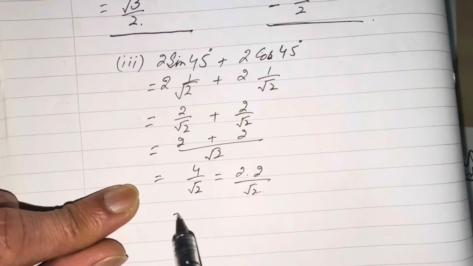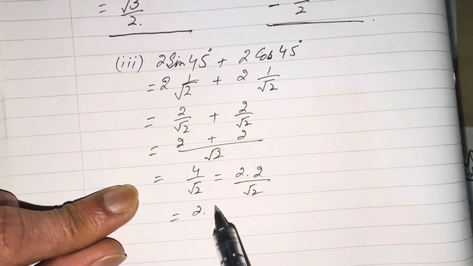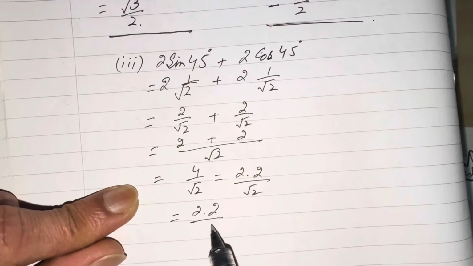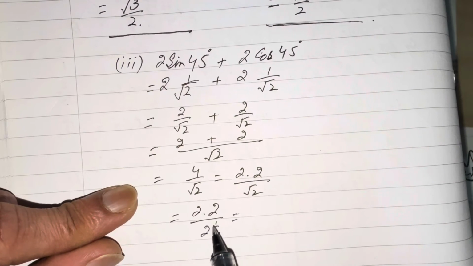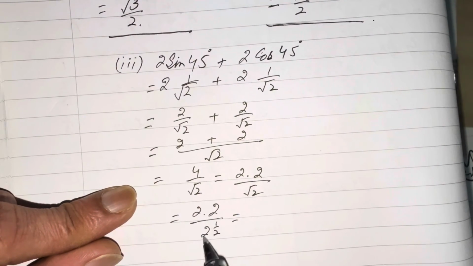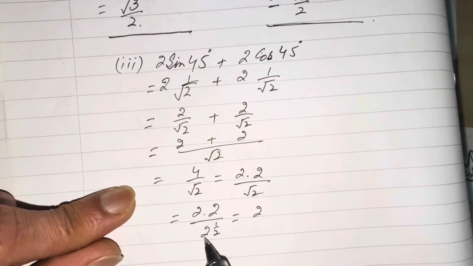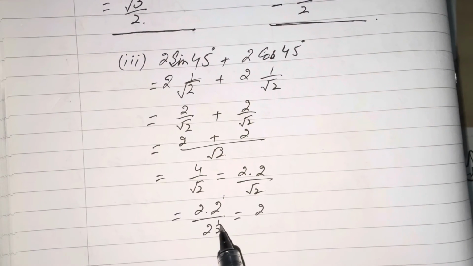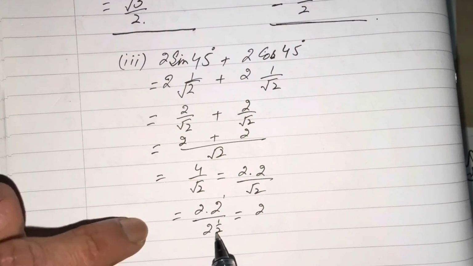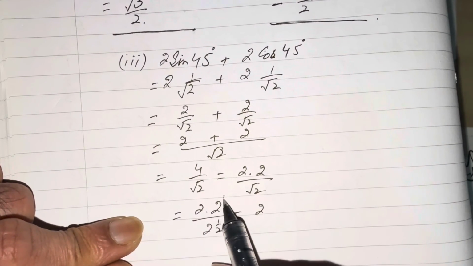In the next step, you can write under root 2 as 2 raised to power 1 over 2. Now the bases are the same, so this 2 stays as it is, one is raised to power 1 and the other is raised to power 1 over 2. They are dividing with each other, so the powers will be subtracted.